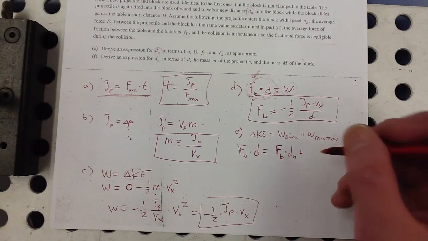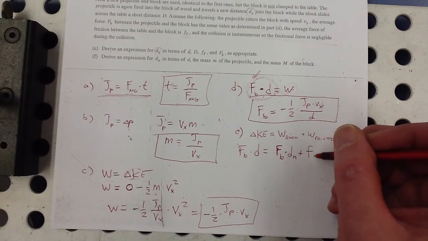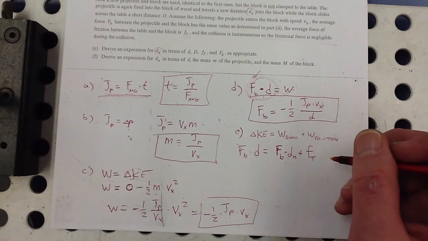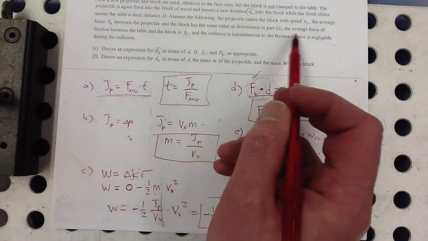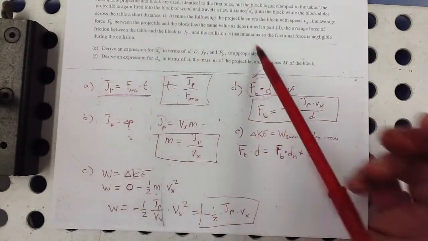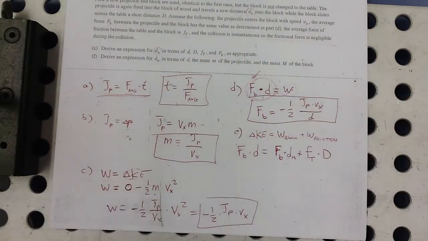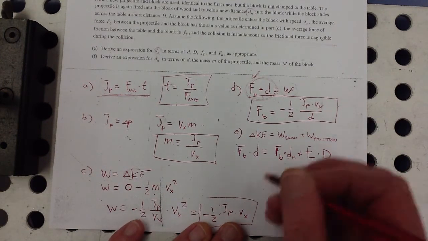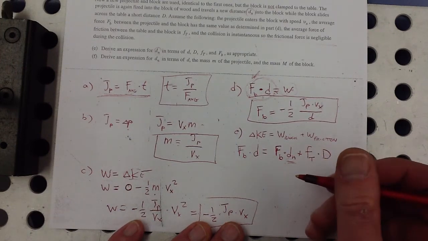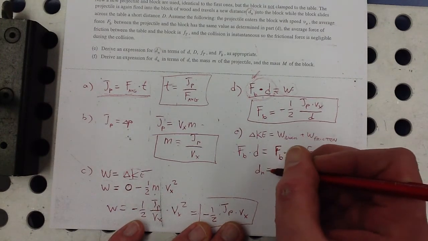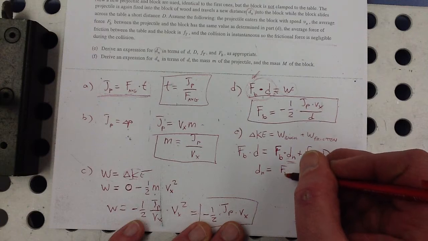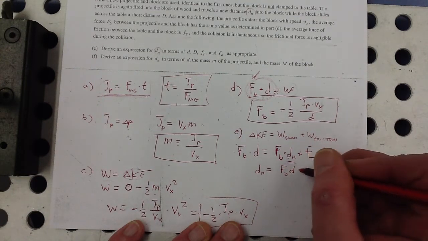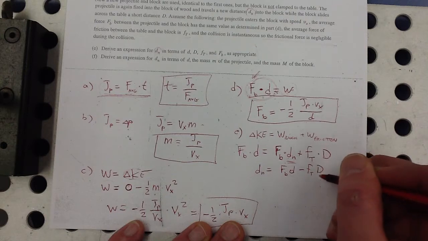Plus, the force of friction is the frictional force, which they told us is F sub t, for table, I guess, times that distance, which is it slides across the table a short distance d. So we need to solve this for, aren't we trying to solve for this, right? So dn is equal to, I will spare you the algebra. It's equal to this.